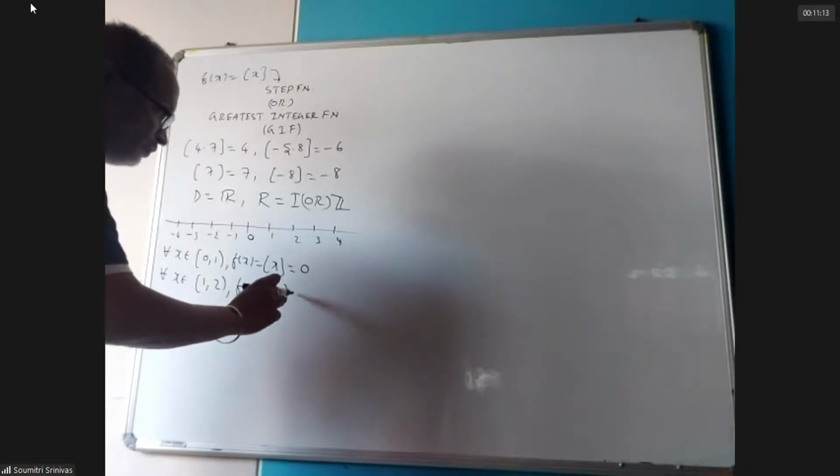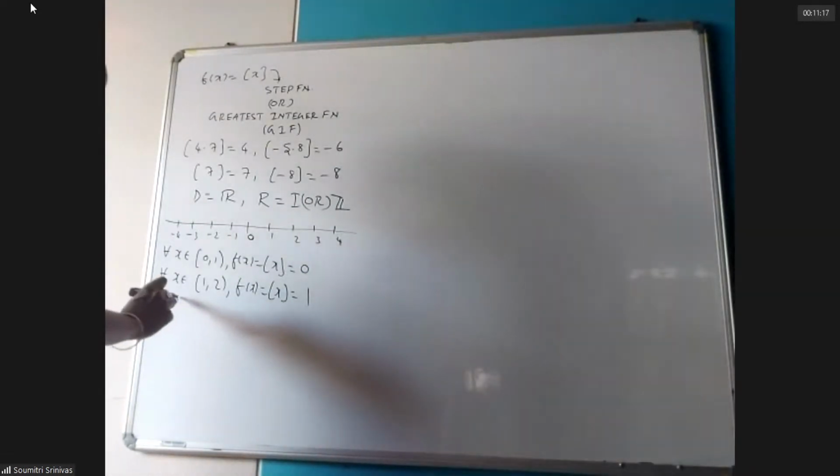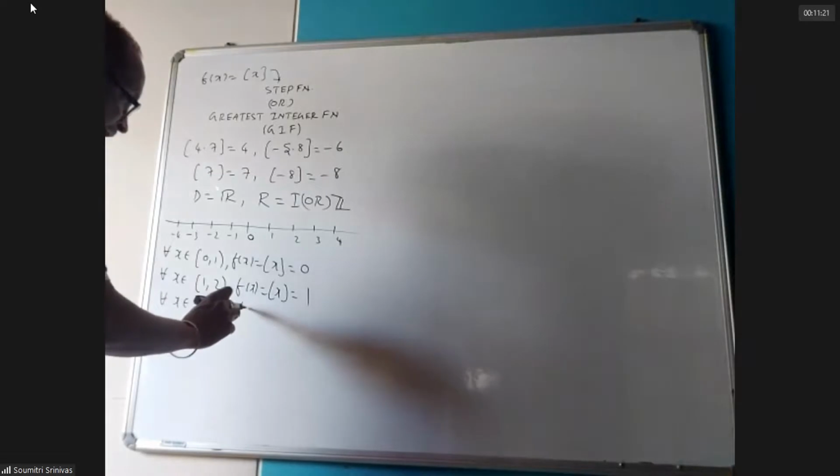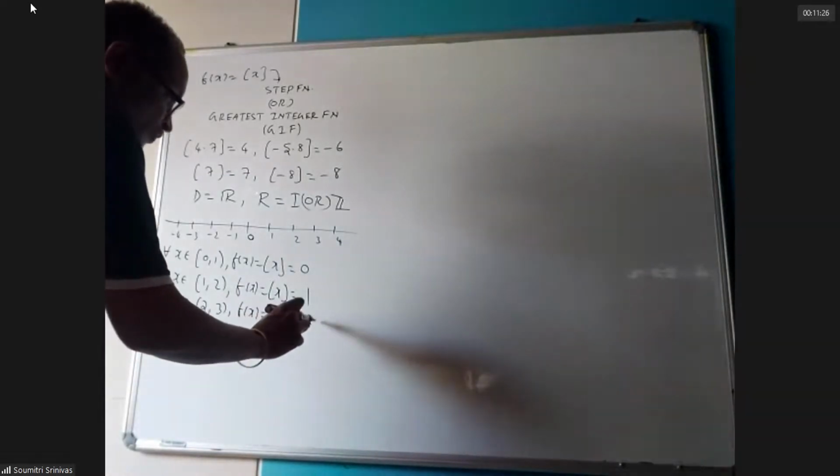It equals 1. And for all x belonging to closed 2, open 3, f of x is equal to step x is equal to 2. So on. What happens in negatives?